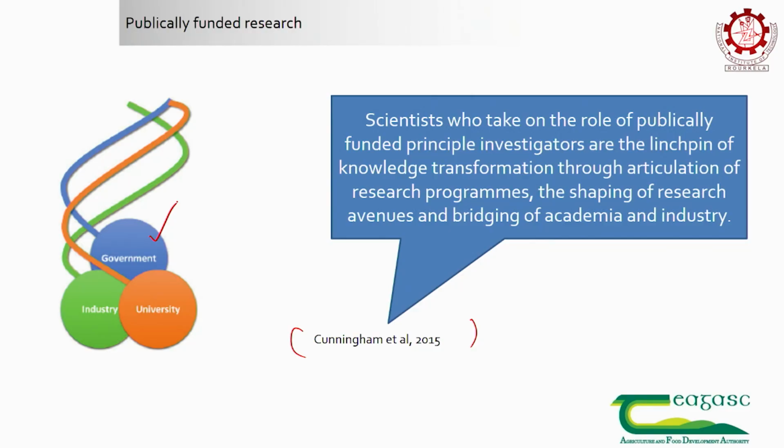Government is involved, university is involved and industry is involved in these activities. The scientist who takes the role of a publicly funded principal investigator, the person who is dealing with the project, is the linchpin of knowledge transformation through articulation of research programs, shaping of the research avenues, bridging academia and industry.